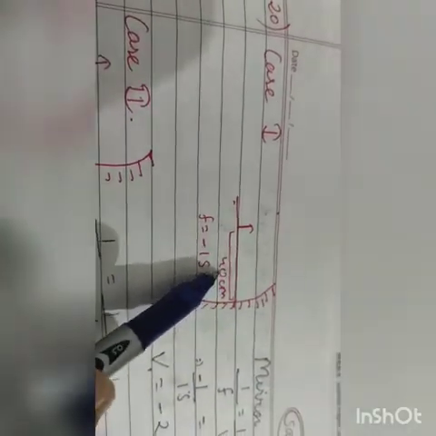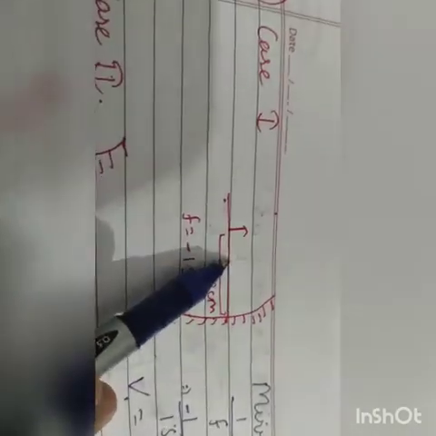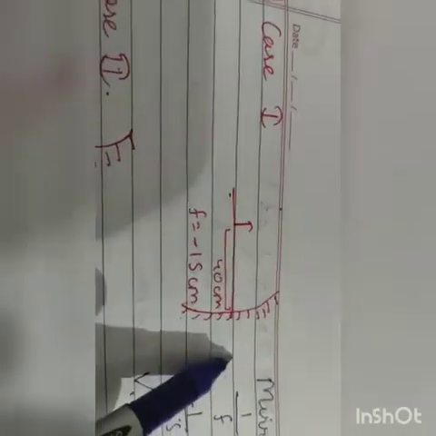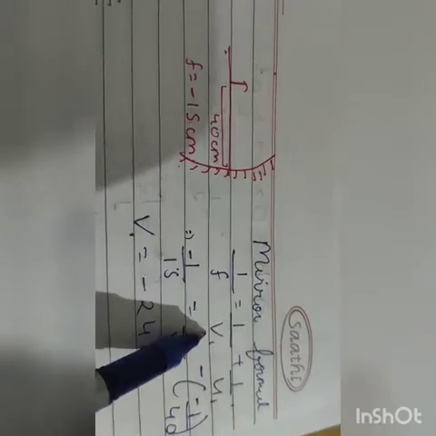So here, case 1, when the object was at 40 centimeters. We know that objects on this side we take as negative, and this side as positive. So in a concave mirror everything is on this side, so F is minus 15 centimeters. The mirror formula is 1 by F equals 1 by V plus 1 by U. As we are studying two cases, I am numbering them V1 and V2.